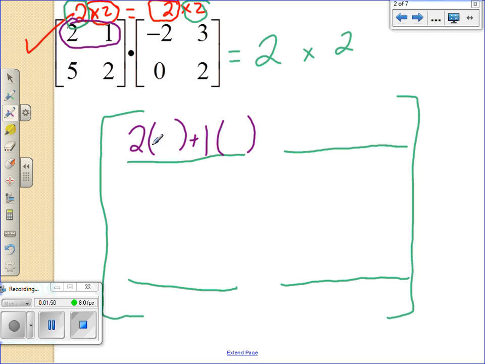And that's going to be the same for this row because I pulled it from this row. So this is going to be the same for both entries on this row. I'm going to write that exact same thing over again: 2 times something plus 1 times something.